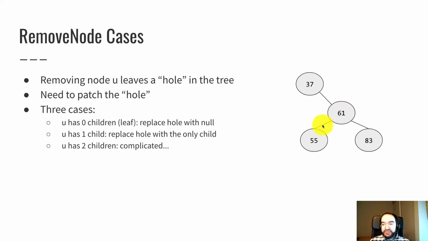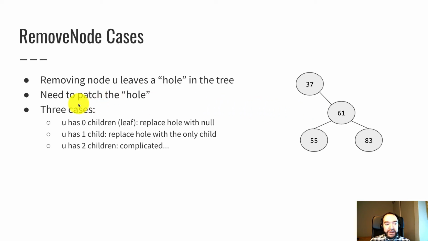What we want is that after we remove one particular node, the rest of the tree still works. If I search starting at the top, it needs to still be possible to get down to the lower keys in lower nodes in the tree. We don't want to break the tree that way. So this RemoveNode(U) operation needs to patch that hole. It needs to find a way to put a node in the gap left by removing that node.